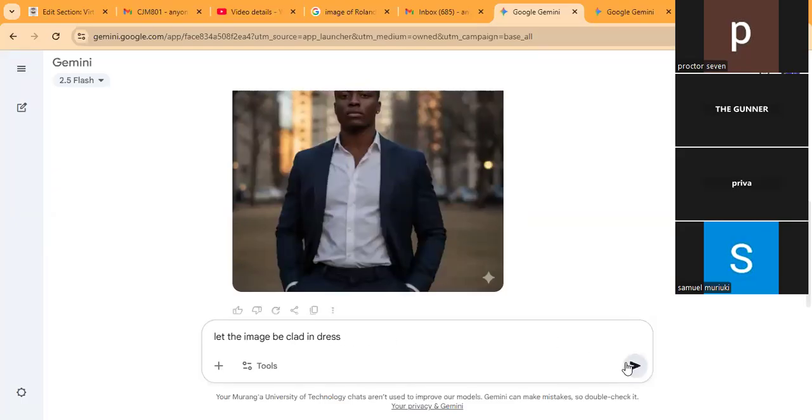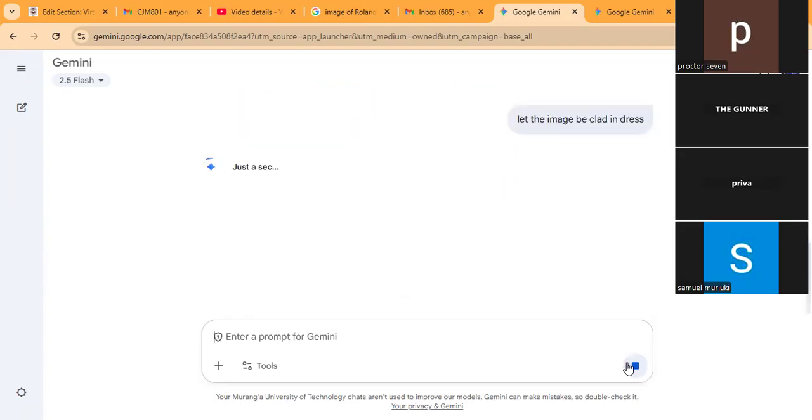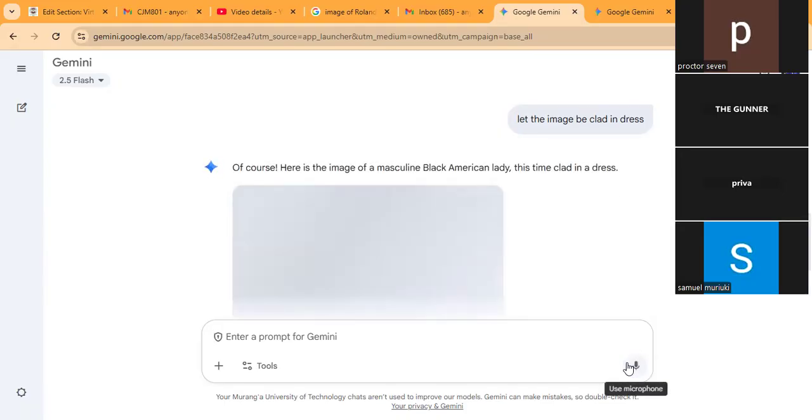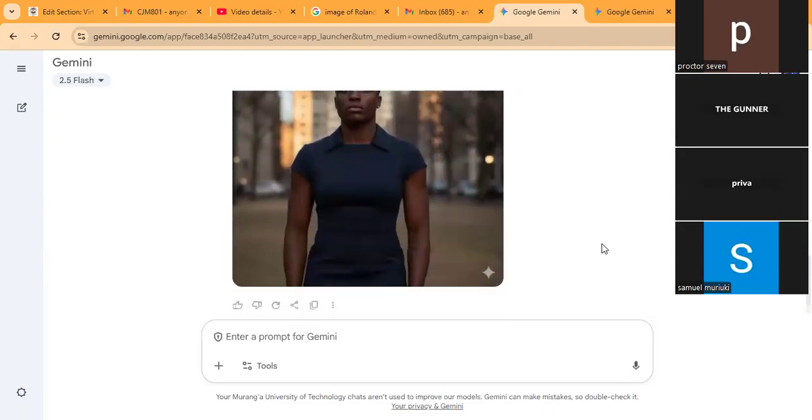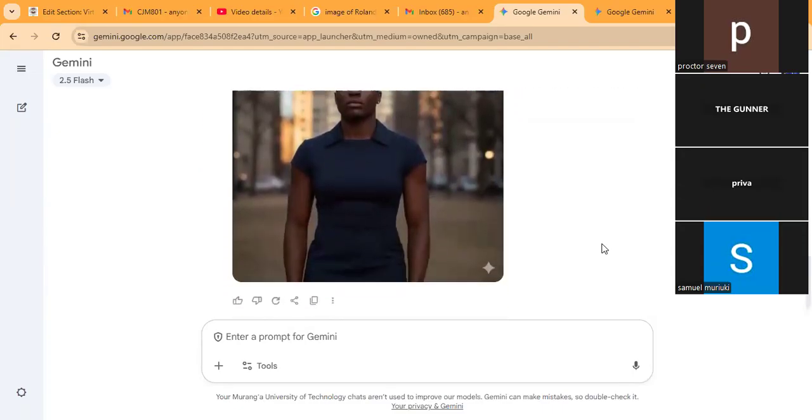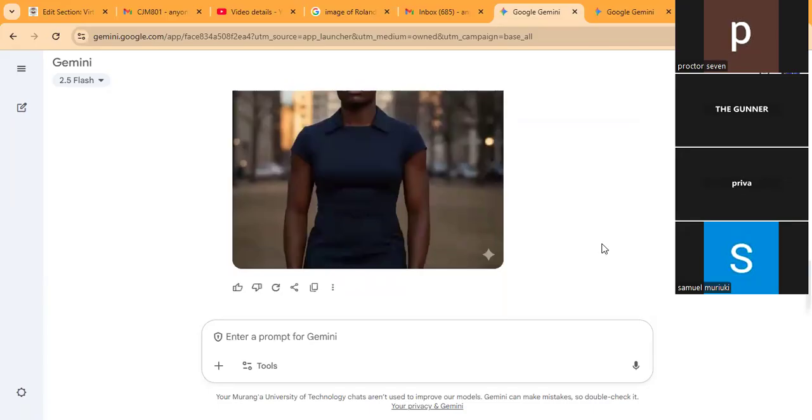Let me just say that. Let it be clad in a dress. Now, artists, those of you who like drawing, very soon you may not have jobs. You see? And you just give it prompts the way you want.